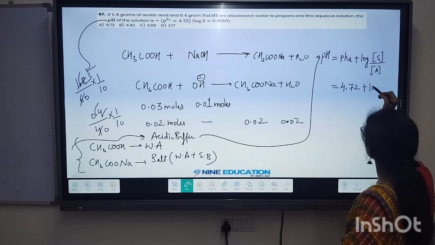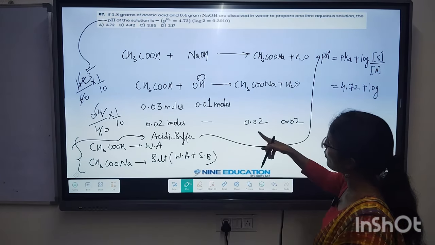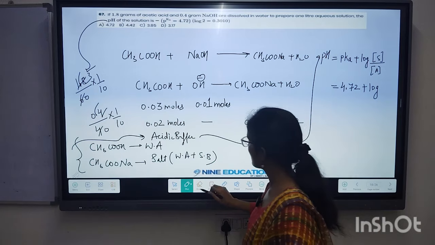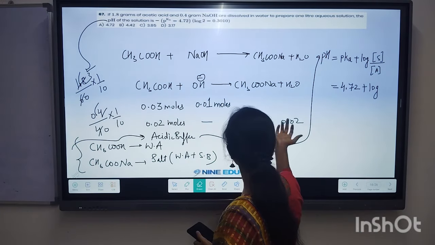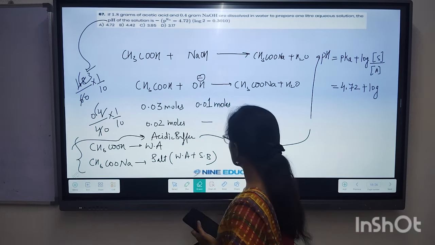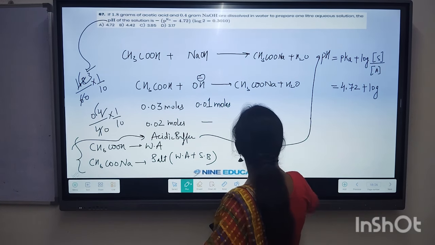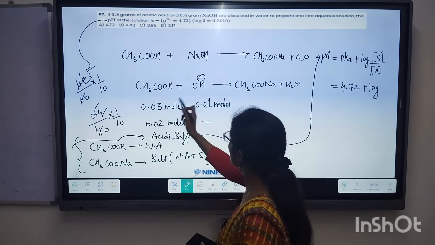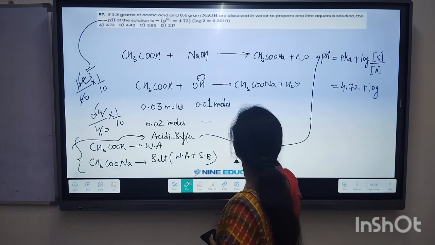And here, log salt, sorry, here by mistake I have written, just a second guys, you must have observed this. Here 0.01 mole of both are reacting, so how much will be forming? 0.01.